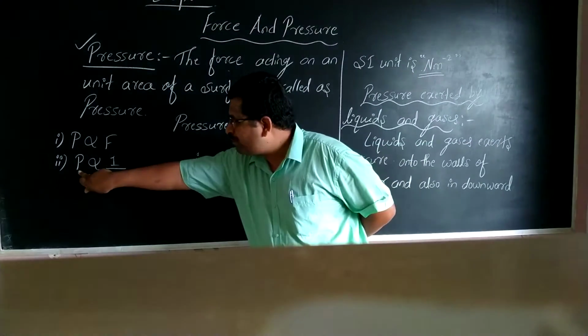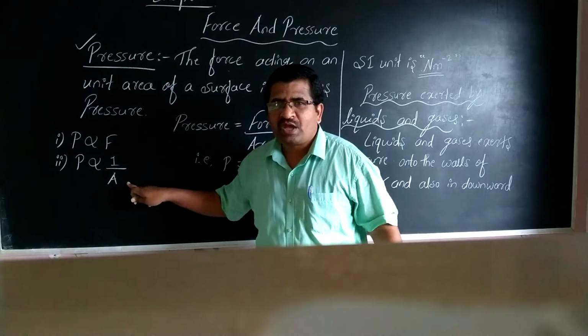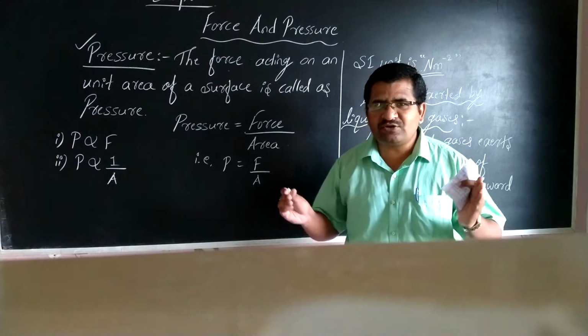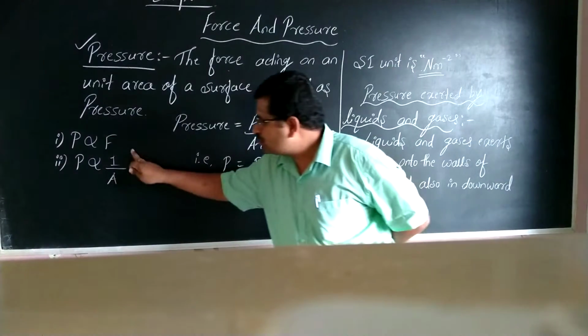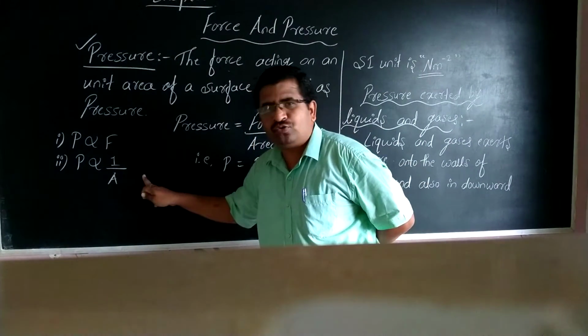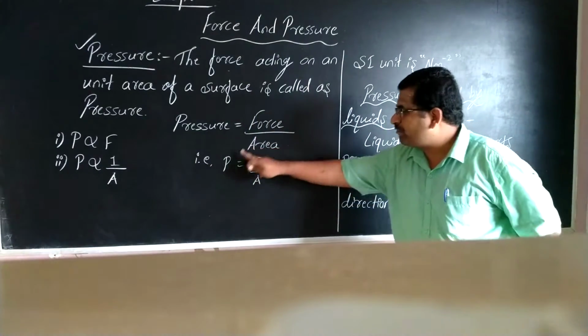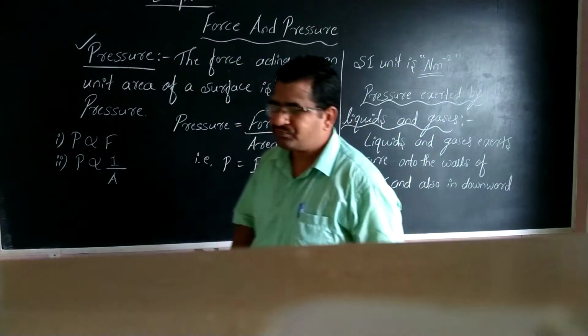Next, pressure is inversely proportional to area of the surface. As the surface area increases, pressure decreases. As the surface area decreases, pressure increases. So this is how the two deductions come from the equation of pressure, P is equal to F by A.